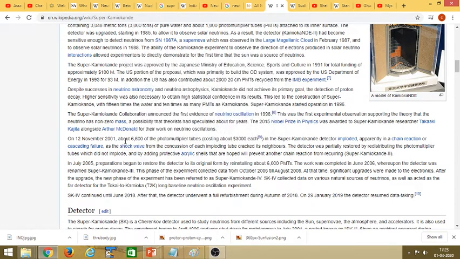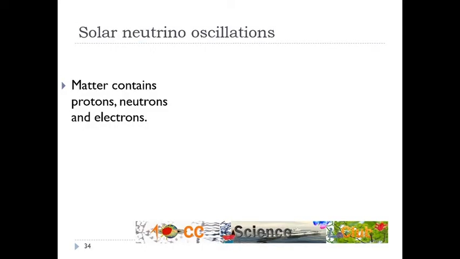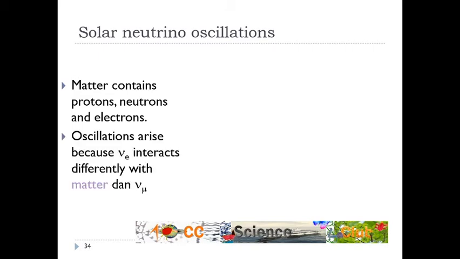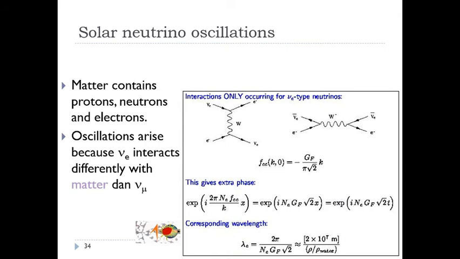Each of these roughly 6,600 photomultipliers costs about $3,000. So solar neutrinos were observed in both the Super Kamiokande and the Sudbury Neutrino Observatory.